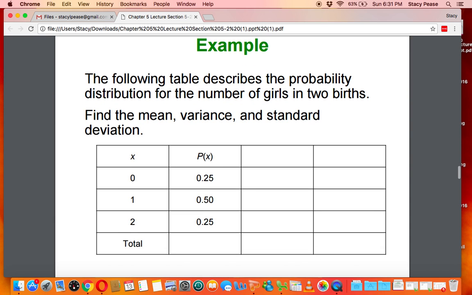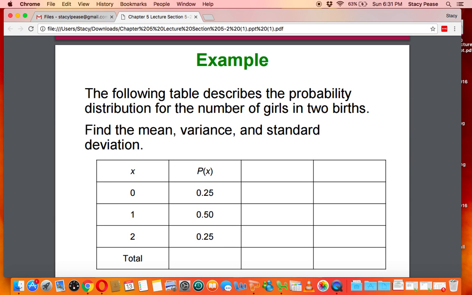Okay, so let's get into an example of a probability distribution table. So here's an example of a table, and it describes the probability distribution for the number of girls in 2 births. So here, this X is meant to represent the number of girls in those 2 births. So in 2 births, you could have 0 girls, you could have 1 girl, and you could have 2 girls.